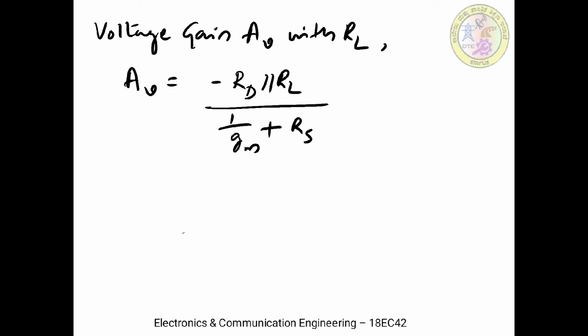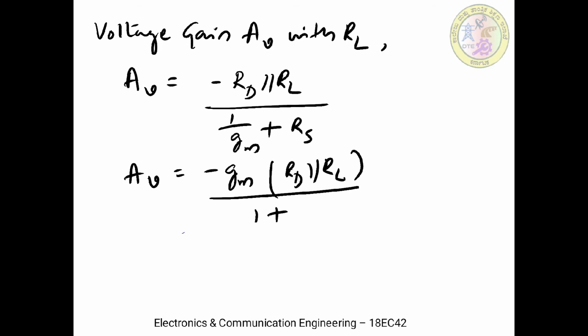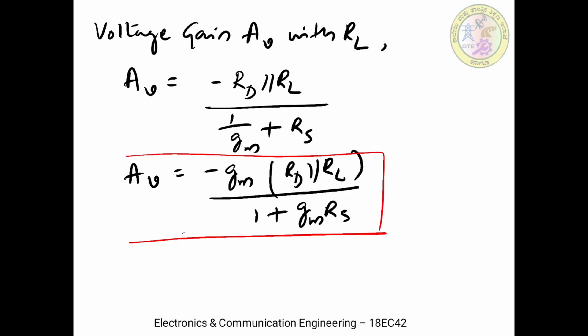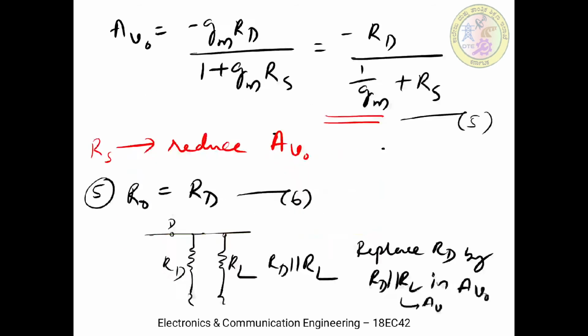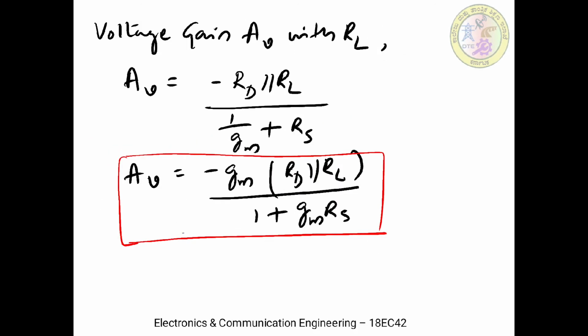We can also write AV is equal to simply minus Gm into Rd parallel with RL by 1 plus Gm into Rs. So this is the new gain equation considering RL. We can take this as equation 7.